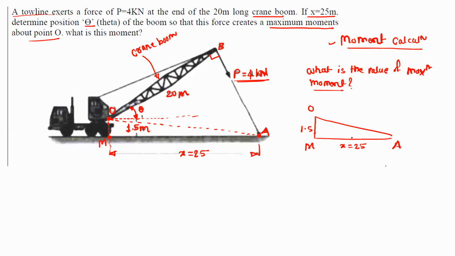So let us find out this value by using Pythagoras. OA square is equal to 1.5 square plus 25 square. So from this we will get the value of the OA. So this is equal to 25.04 meter. Just take the answer.